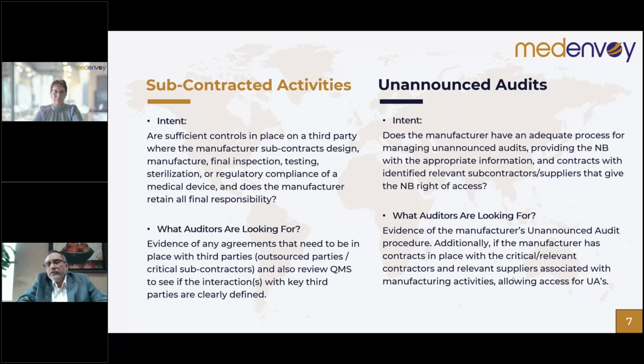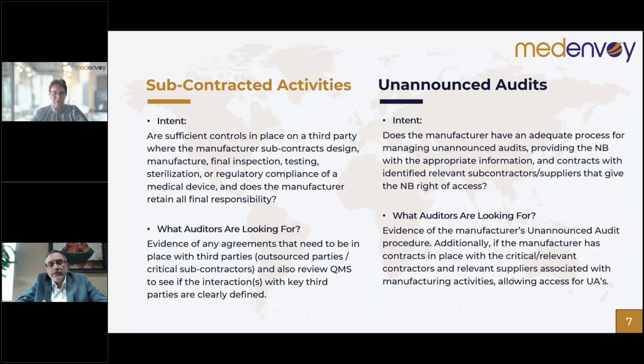One of the unwritten rules that notified bodies follow is that they expect to be on the manufacturing floor very quickly. They are usually a minimum of 2 auditors. As soon as they arrive, they will identify themselves as notified body auditors here to conduct an unannounced audit. They expect to be on the manufacturing floor within 30 minutes. So make sure your procedure indicates not to use delaying tactics, because it will go against you.